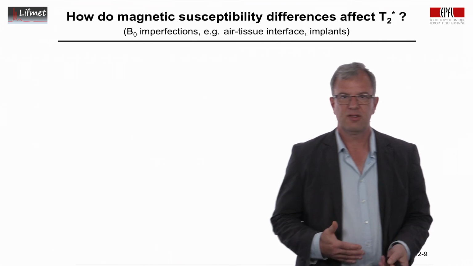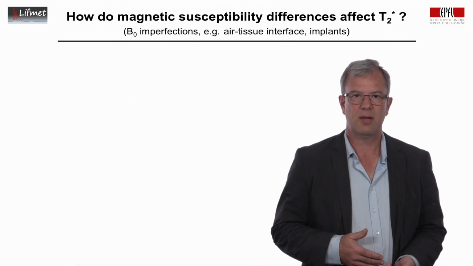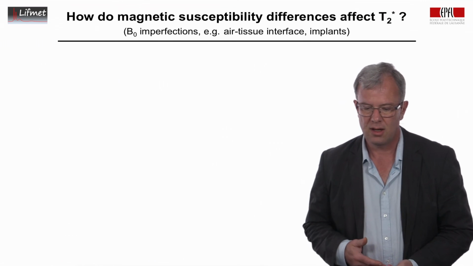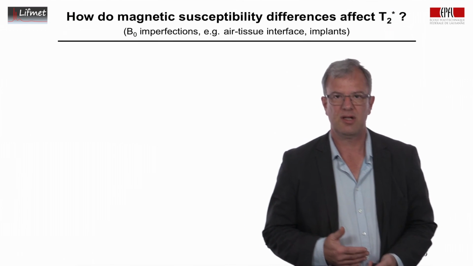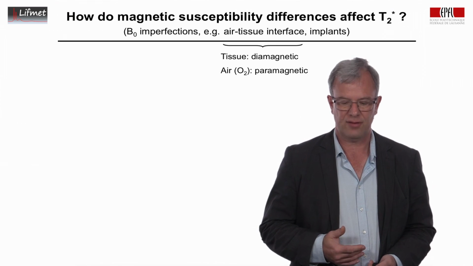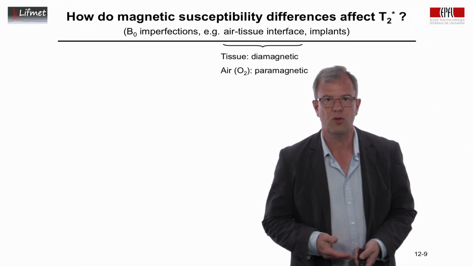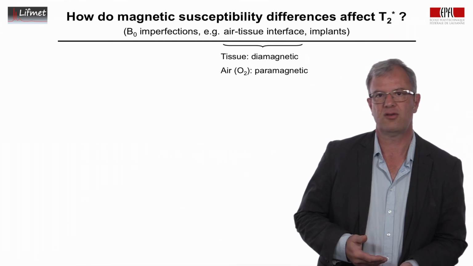Now, we've talked about the susceptibility difference between diamagnetic oxyhemoglobin and paramagnetic deoxyhemoglobin. But we have also other susceptibility effects to contend with, and this is particularly at the air-tissue interface, because tissue is diamagnetic, just like oxyhemoglobin, and the air, molecular oxygen, is paramagnetic.